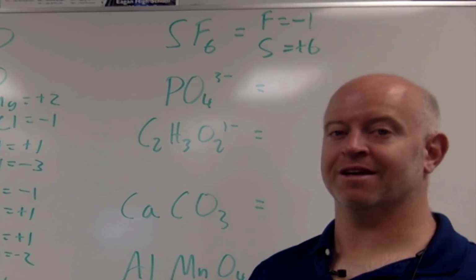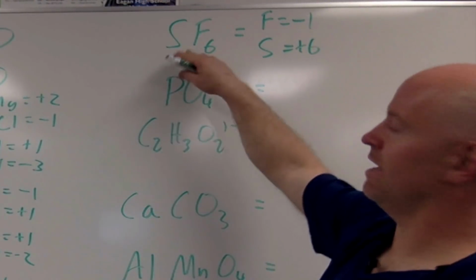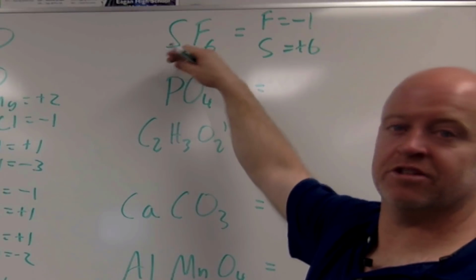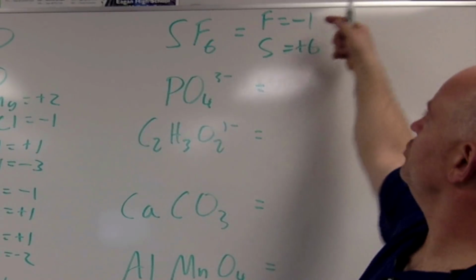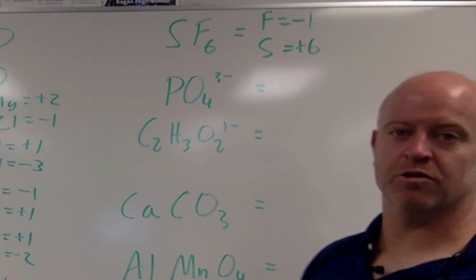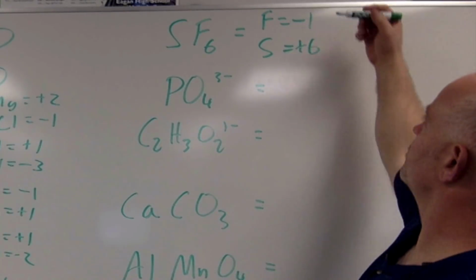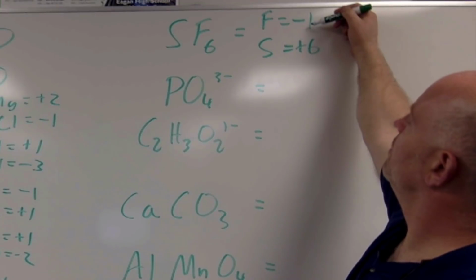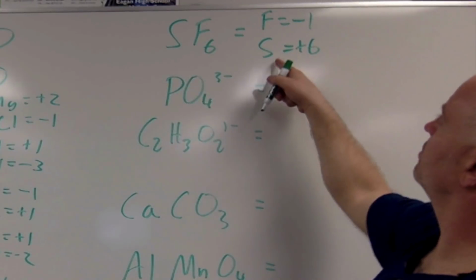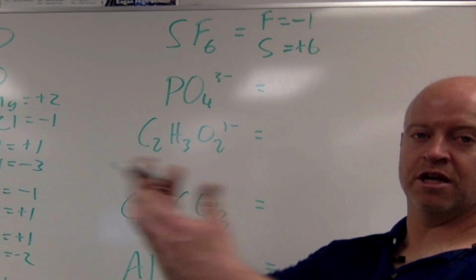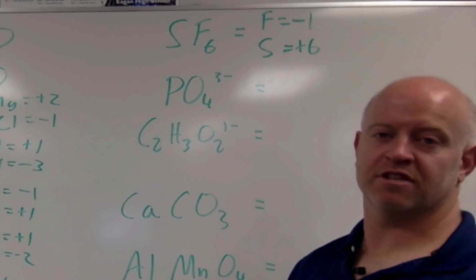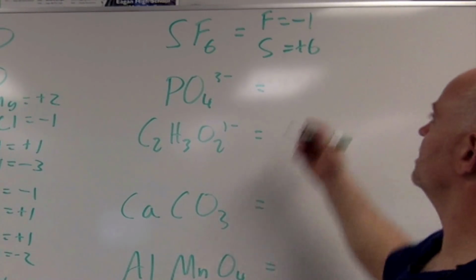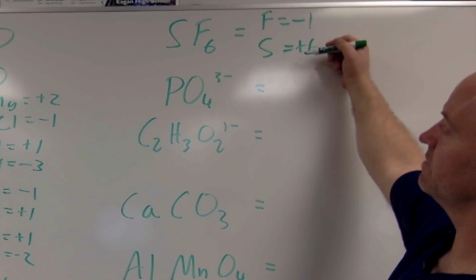Now, again, not ionic compound, not ionic bond. It's still covalent. It's still sharing. But we're basically using numbers to represent the unequal sharing of these electrons. Fluorine is going to be gaining 1 electron from the sulfur. Because there's 6 of them, the sulfur has to essentially lose control of 6 of its electrons in this process, which gives it an oxidation number of +6.